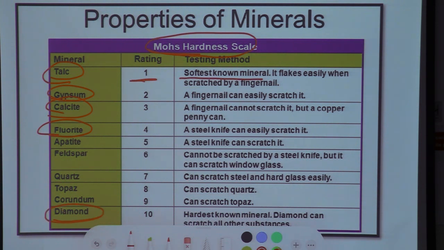And what is to be noticed is diamond. Diamond represents 10 on the hardness scale, and because it is 10, it is the hardest known mineral.